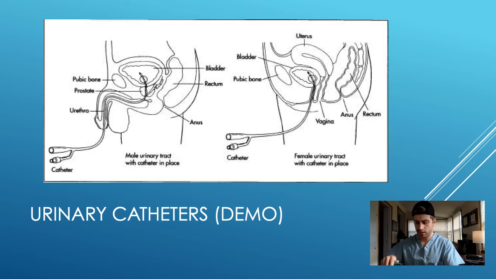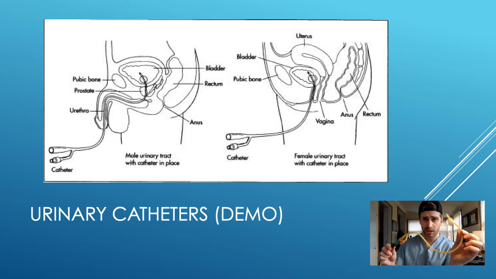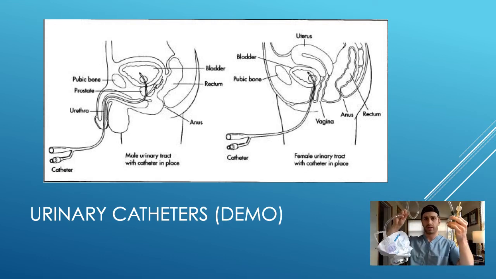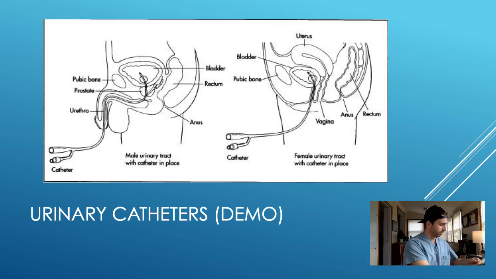There should be a seal on this. There's usually a seal right here. This doesn't really come off too frequently, but depending on the chronic use, the seal might not be there. And then it would drain from the bladder, which would be here, all the way down, and into the bag. Cool. I'm going to set this down.